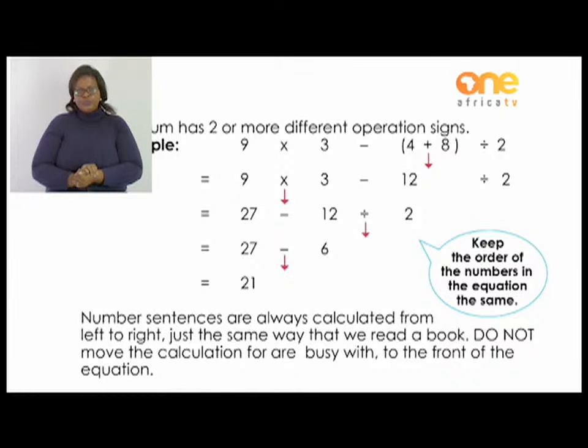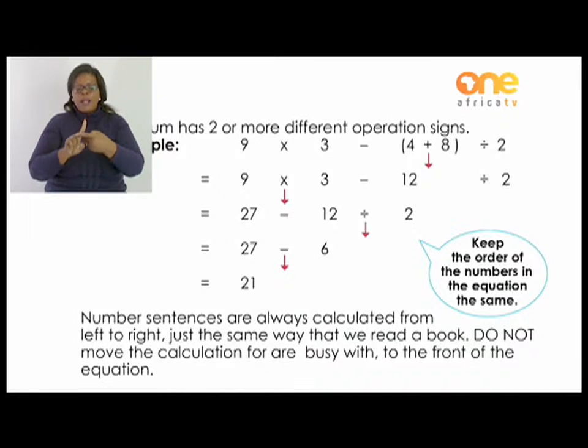So what is the first operation that we'll do? According to BODMAS, we first find whether in the operation or in the sum there are brackets. So the first operation we will do will be the operation in brackets. What do we have in brackets? 4 plus 8.